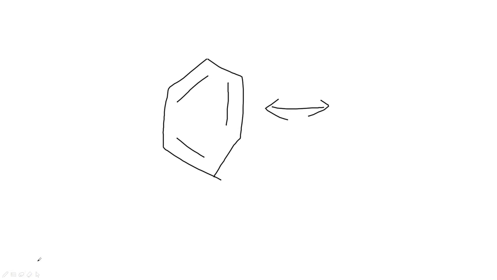This is what we all know as benzene, but we know that benzene is always undergoing resonance. That means this form is not a permanent form. It is more of a temporary form, because these pi bonds are delocalized. What I mean by delocalized is that they are not steady in the same position.